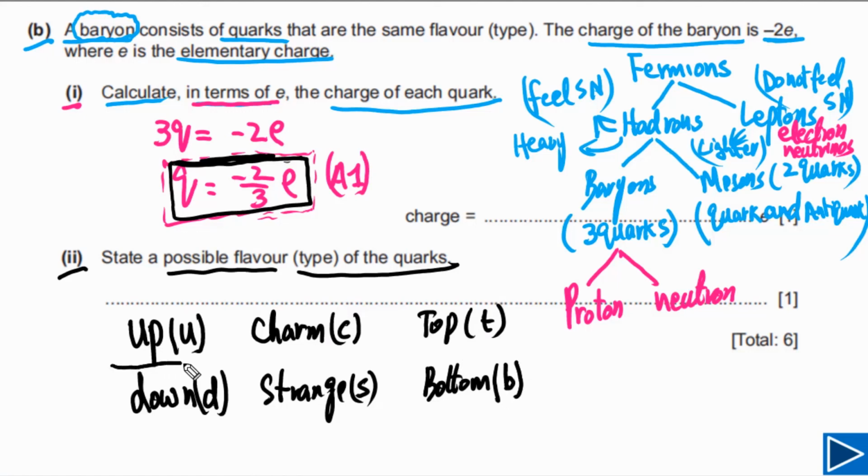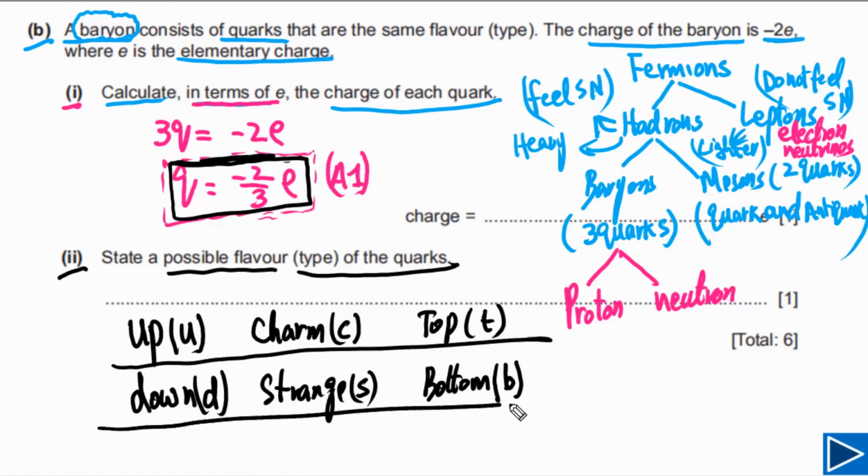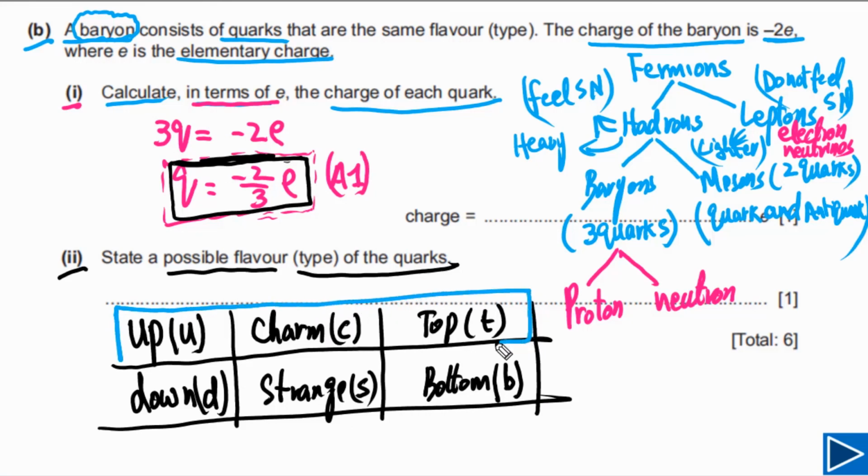Now if you look at the charge of these quarks, so this is the first, second generation, and this one is the third generation. Now we need to look at the charge on these quarks. If you look at the charge on the up quark, charm quark, and top quark, you can see something higher: up, charm, top, something better or something higher.